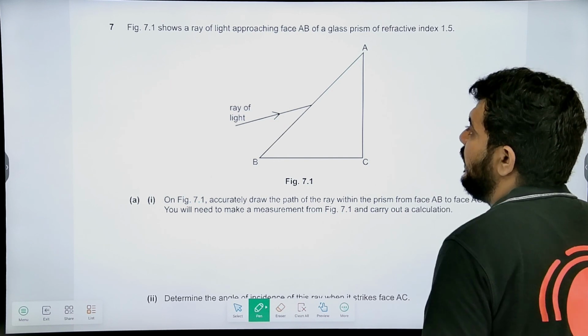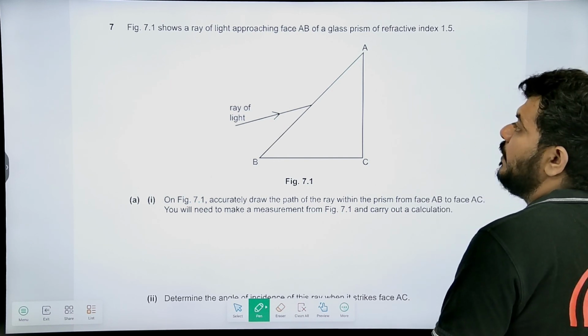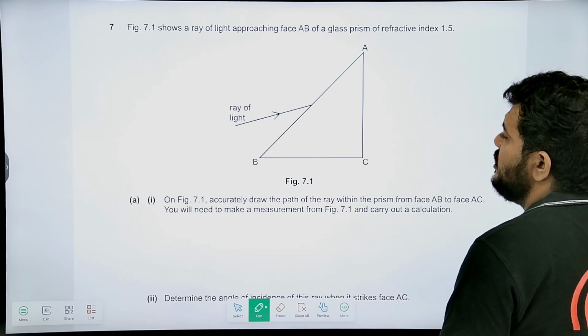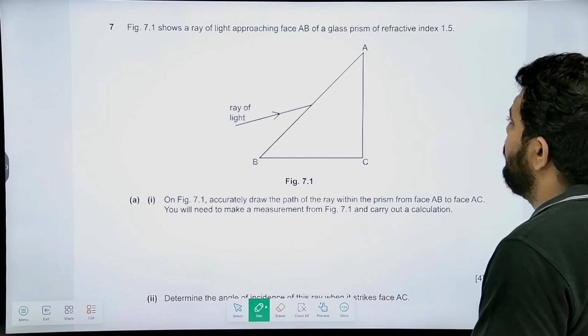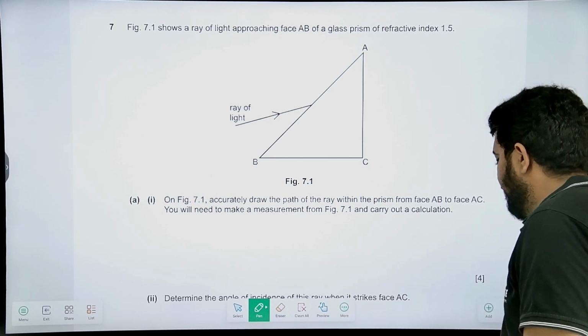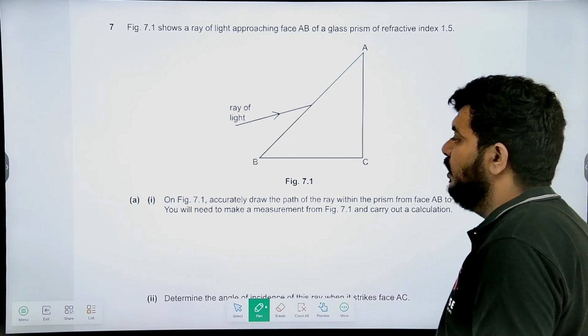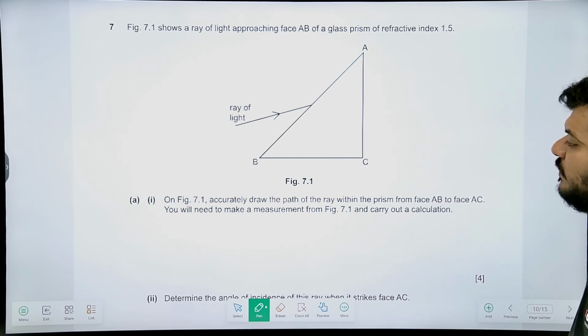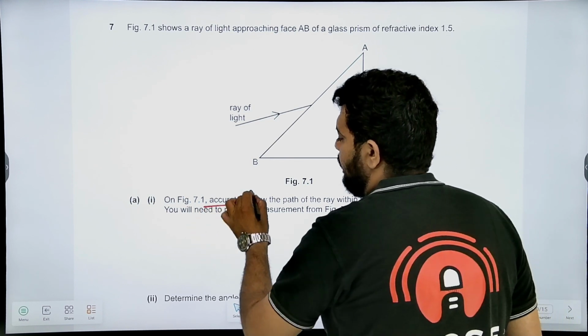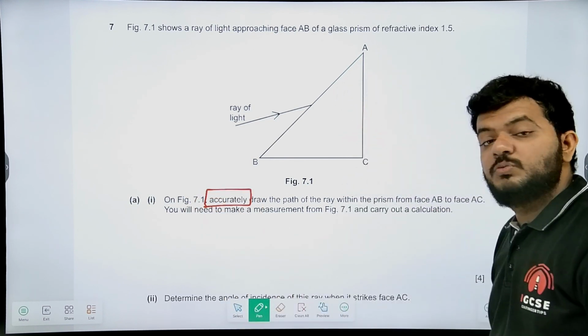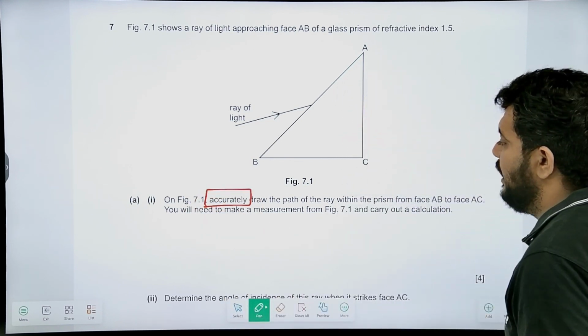Then what do we have? Light. Okay, figure 7.1 shows a ray of light approaching the face AB of glass prism of refractive index 1.5. On figure 7.1, accurately, when they say accurately, you may require to do some calculations.